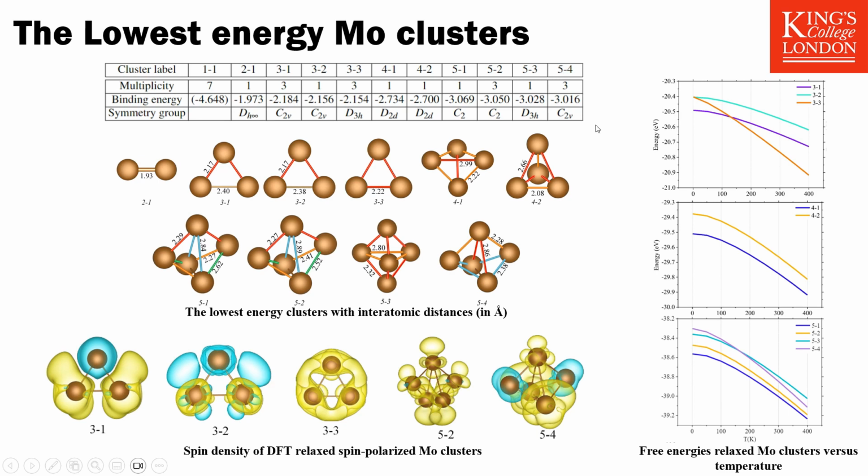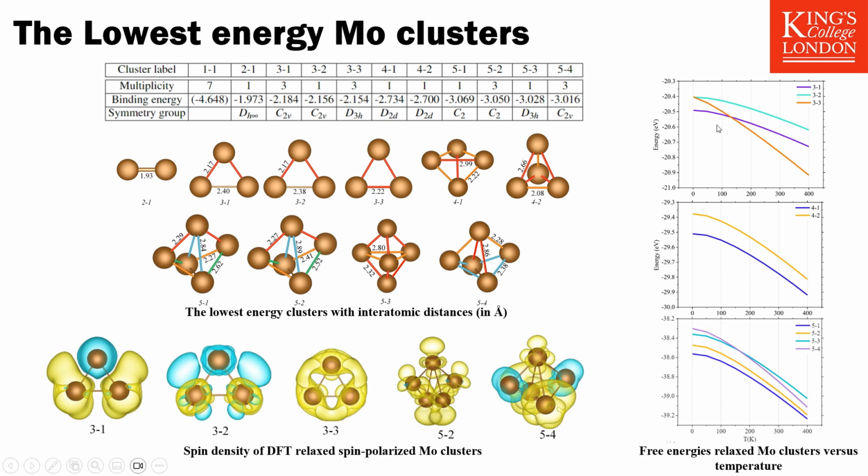Also, we calculated the free energy from the vibrations for them. For example, for the 3 atom cluster, you can see that 3,3 has the highest energy at the beginning, but as the temperature increases, the energy goes down very quickly, and above 150 Kelvin it is the lowest one.